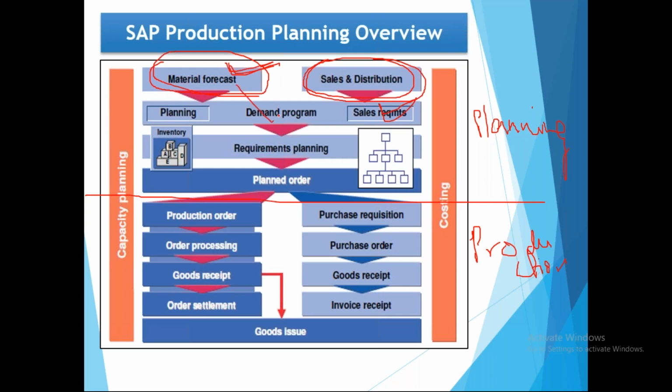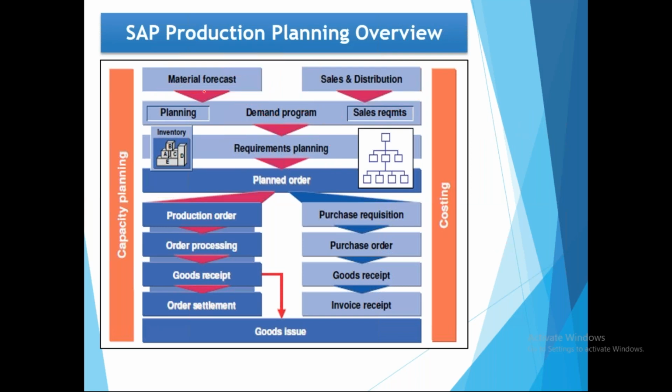So you take both of these and put them into your demand program, demand management. Once you put it into demand management, you run MRP, material requirement planning. Here you have SOP. Forecasting is nothing but a topic called SOP, sales and operations planning. And then you put it into demand management, which we cover through the topic called demand management.